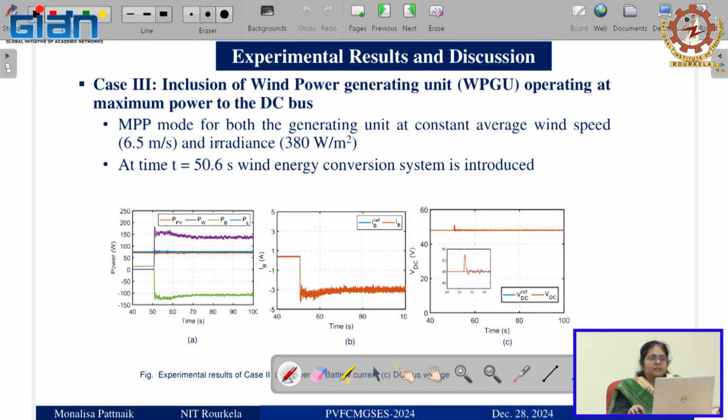Here is the system. Both generating units are operating at MPP. Load power is kept constant, so whatever extra power is available is used to charge the battery, and the bus voltage is maintained constant. This is after the introduction of two sources and one storage, which is regulating the DC bus.